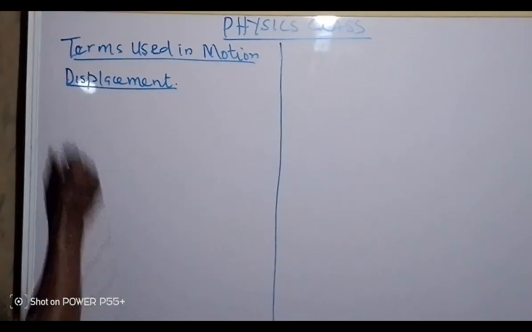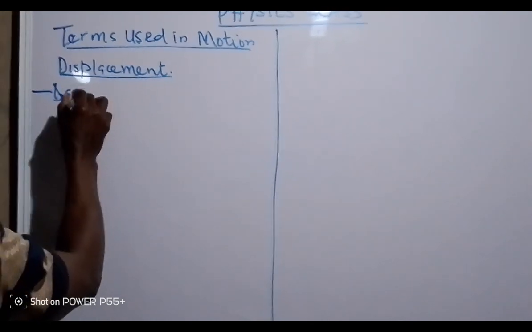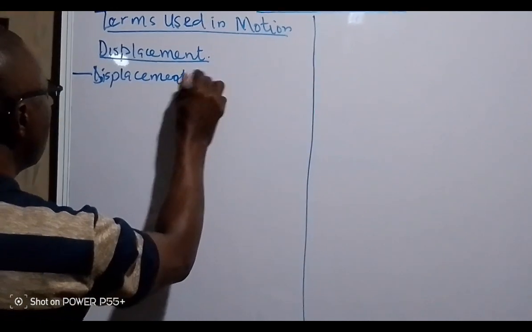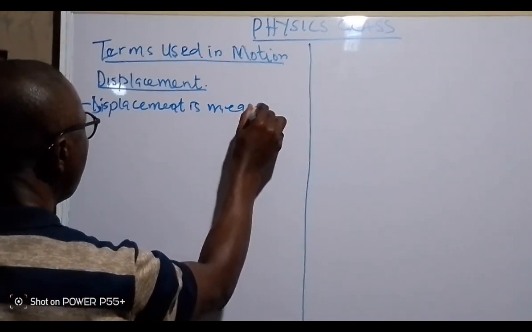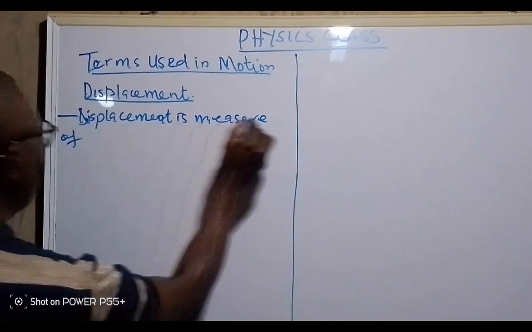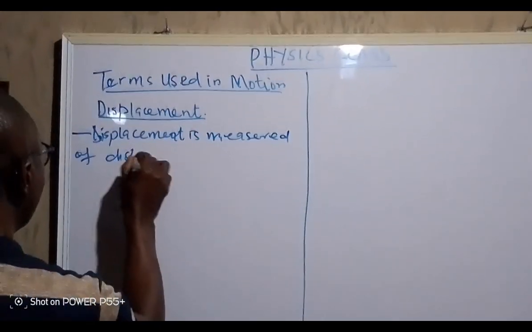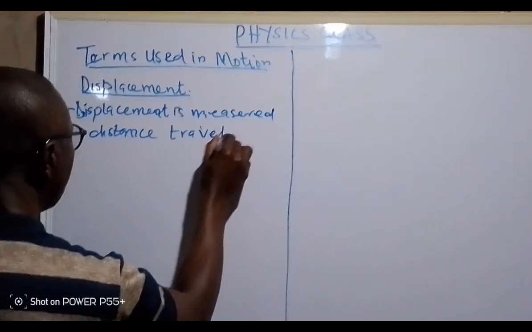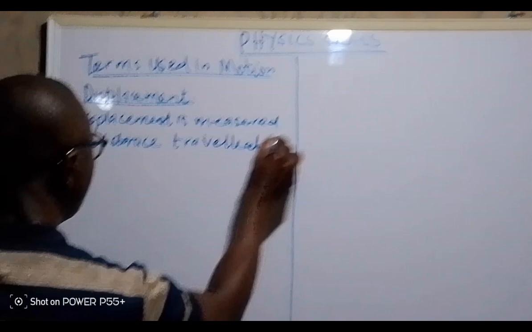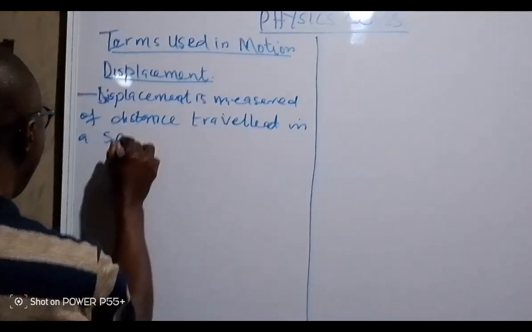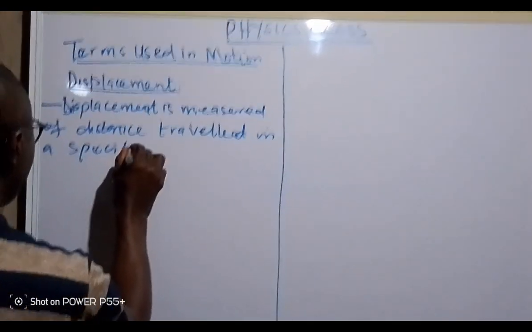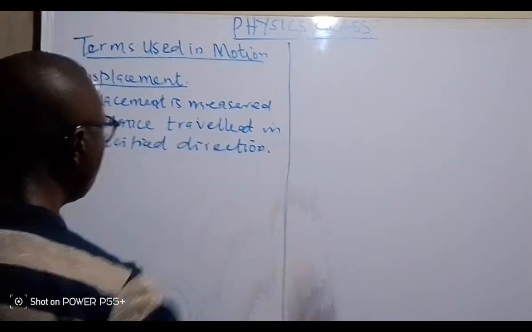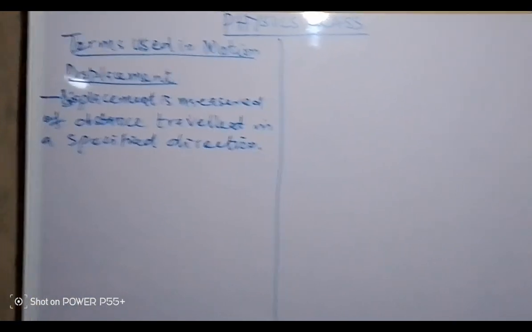That is, displacement is the measure of distance traveled in a specified direction. Measure of distance traveled in a specified direction.